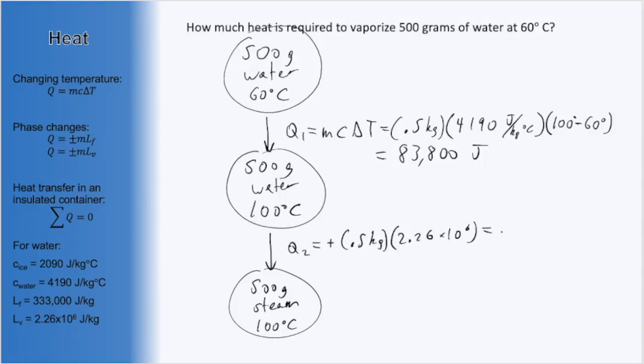Doing this calculation ends up giving me 1,130,000 joules. So to get the total heat required, I will now add Q1 and Q2 together, giving me a heat of 1,213,800 joules as my final answer.